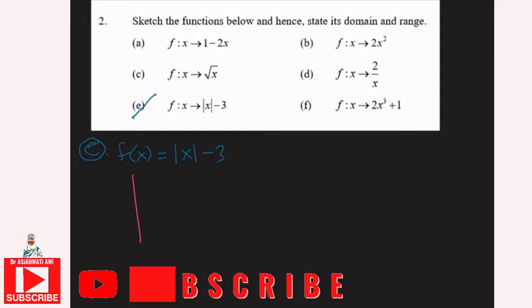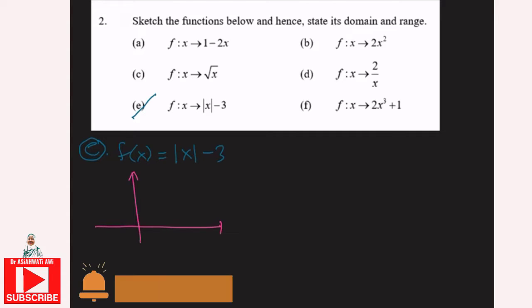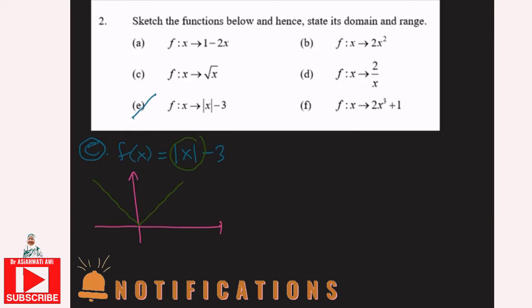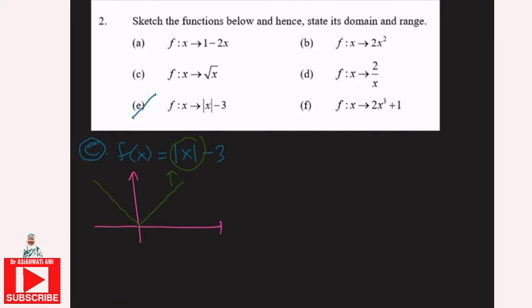Okay, 2E. f(x) is equal to the absolute value. Absolute value always has a V shape. This part is for modulus x, but now the whole graph is minus 3.